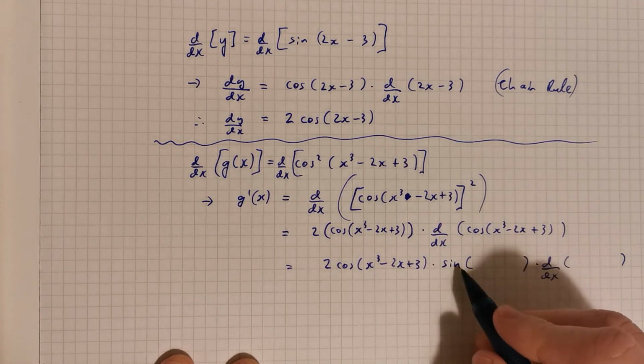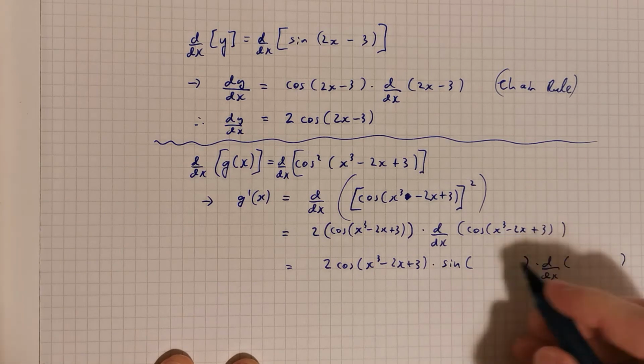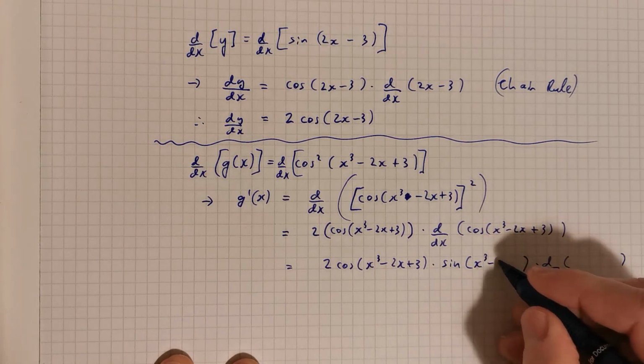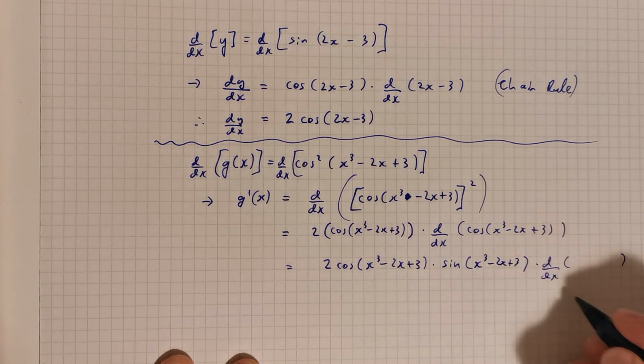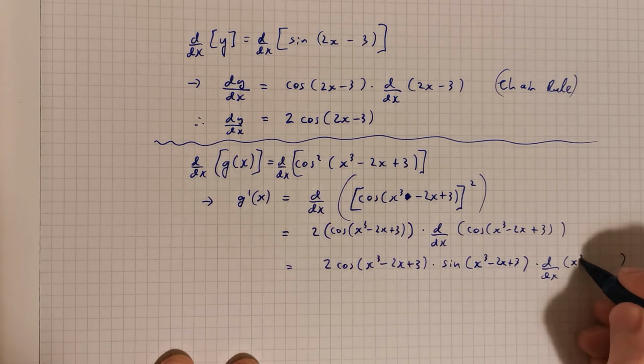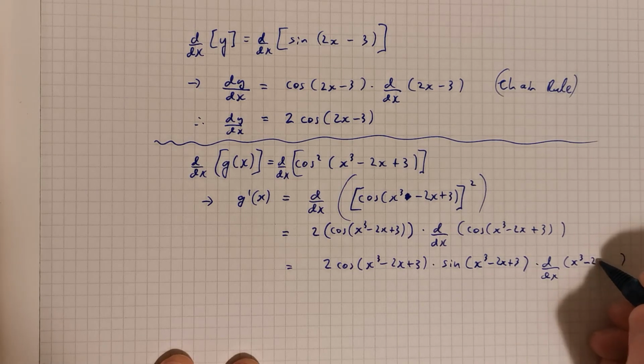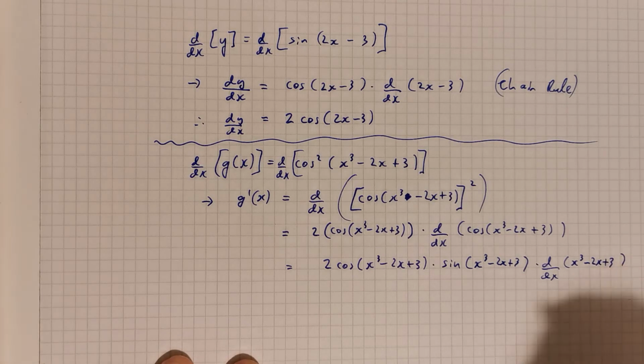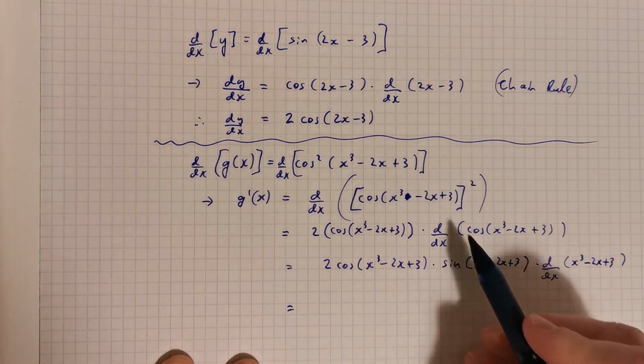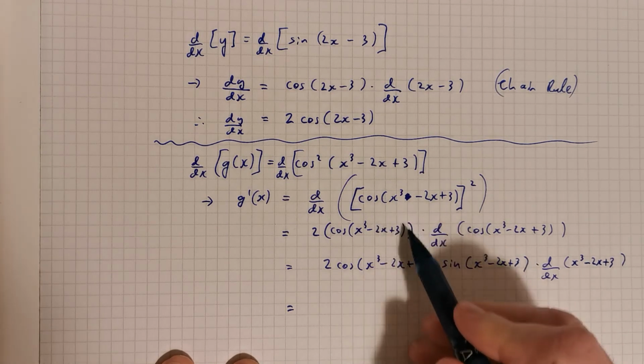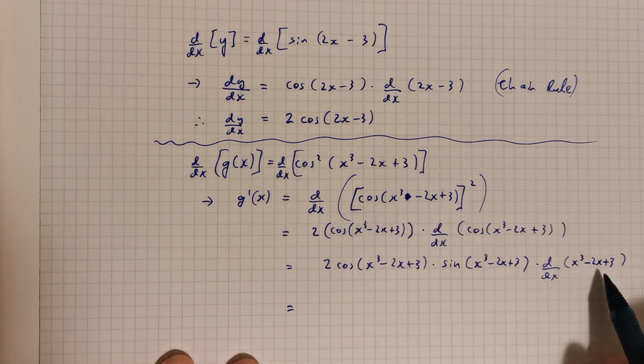Derivative of sine of blob. Well, blob is the inside part of the function, x cubed minus 2x plus 3. And then we have to take the derivative of that, x cubed minus 2x plus 3. So chain rule, this is why it's called the chain rule. It's a chain of events that leads to a final kind of answer.